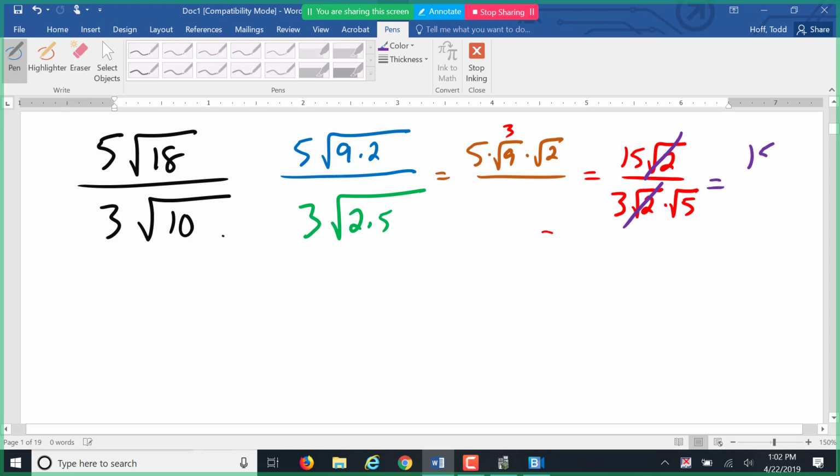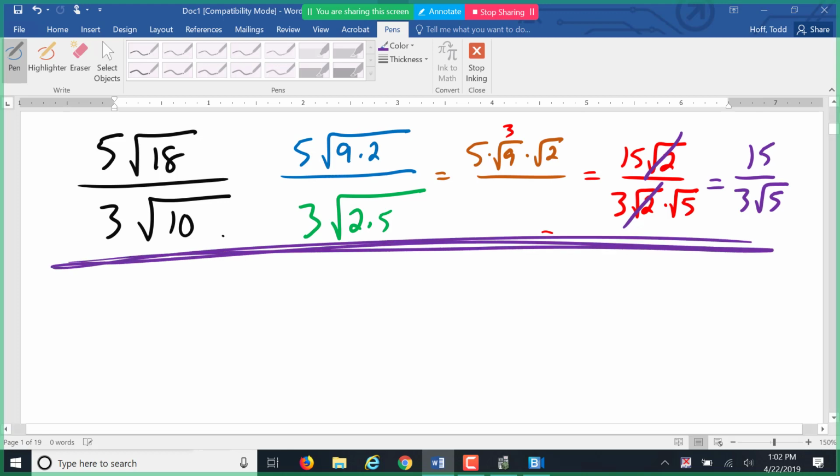And I now have 15 on top over 3 times the square root of 5. So far, all I have done there is reduce that fraction. I have not yet started to rationalize the denominator.